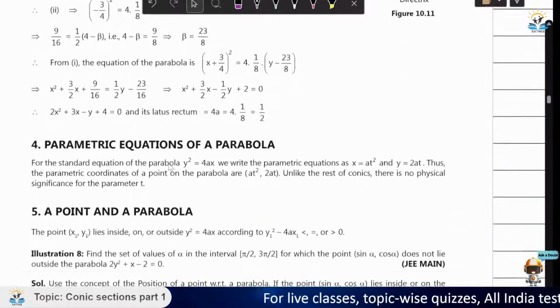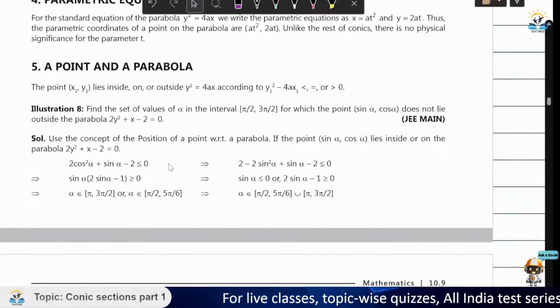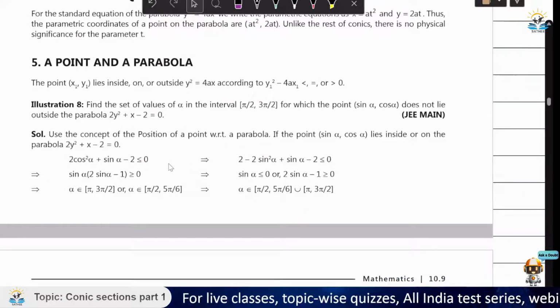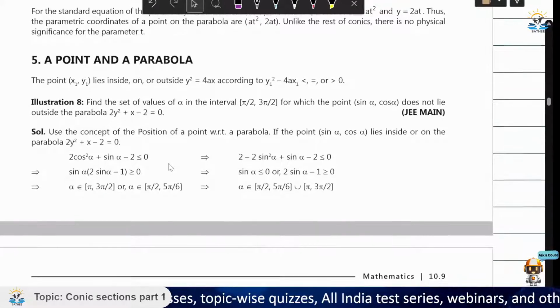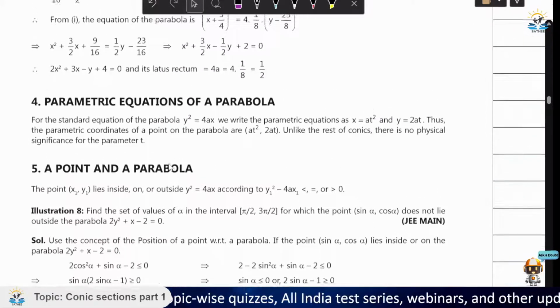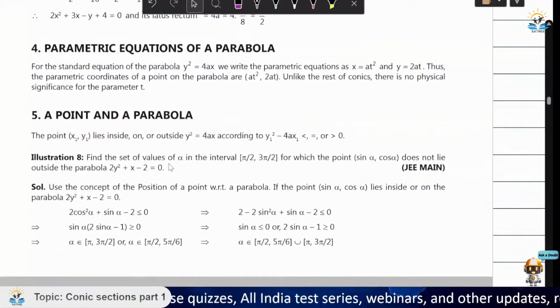Let's see the parametric form first. So what does the parametric form say? You guys understand, right, what a parameter is? The parametric form is the general form of equations that we take.